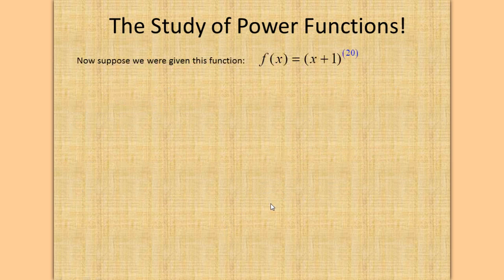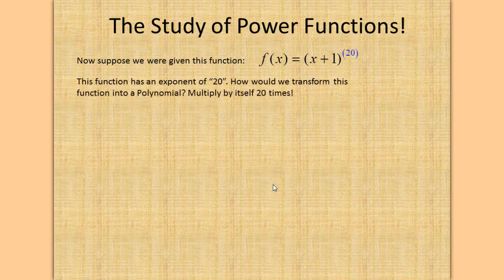Okay. Now suppose we were given this function, f of x equals (x + 1) raised to the power of 20. Well, what would you have to do? You would have to transform this into a polynomial by multiplying it by itself 20 times. And that's a lot of work. You just saw what we did with 3 times.